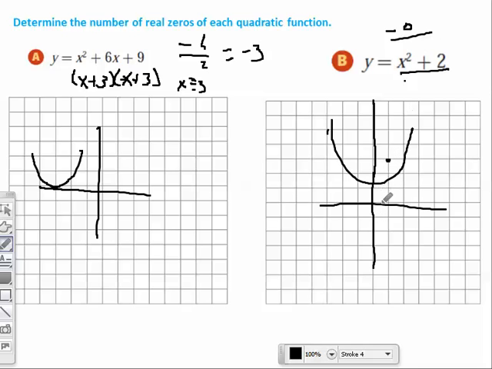At 0, it would have gone through 2. So you can see it goes like that. Can you see what I'm talking about? That would be the graph of it. No real solutions. Nothing that would have touched the x-axis.